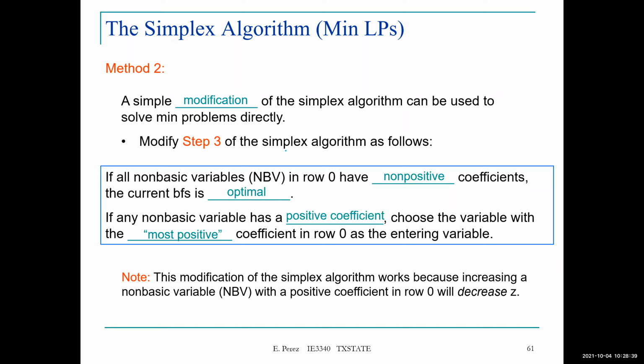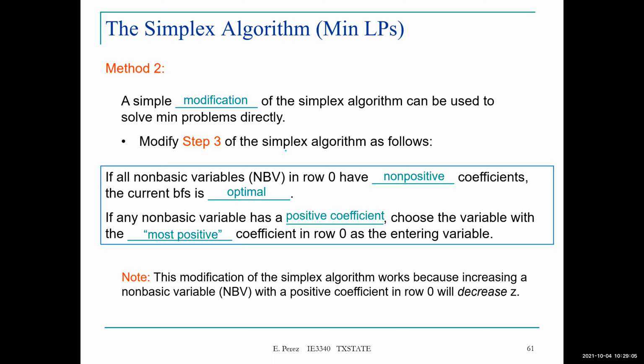the entering variable. So instead of when we were maximizing, we were looking at row 0 and we were looking for a negative coefficient to decide whether we have an optimal solution or not. That's for maximization. And if we found that all the coefficients were positive, then we decided that we found the optimal solution.